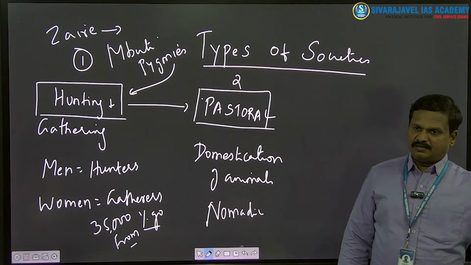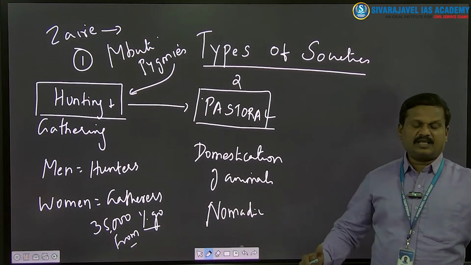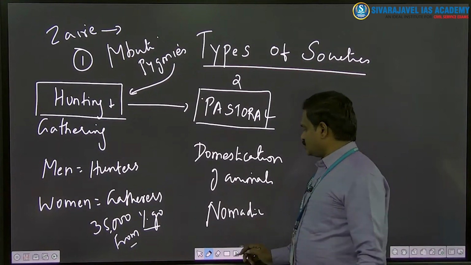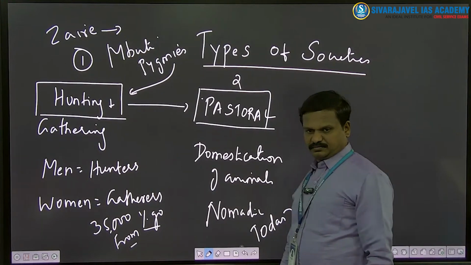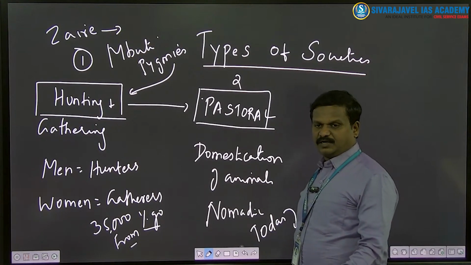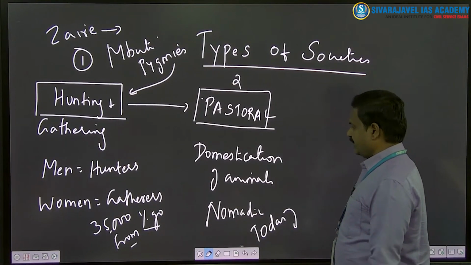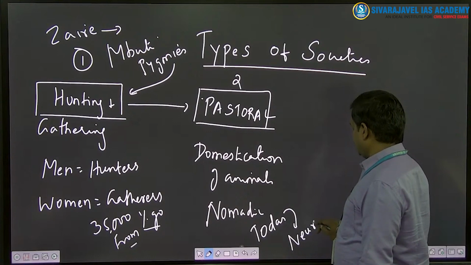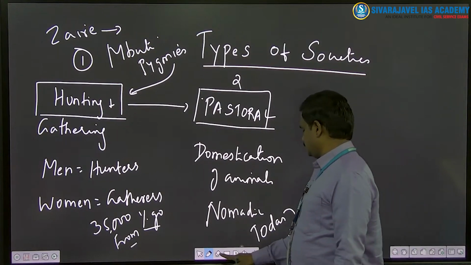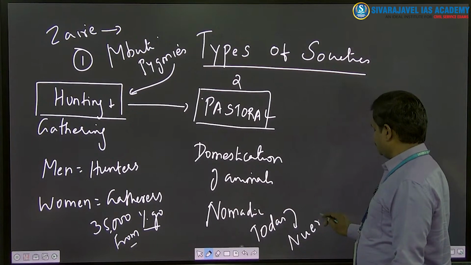If you take, for example, pastoral society, they are rearing cattle. There is one society called the Todas, who are rearing cattle even today in India. And in Africa, there is a community called the Nuer tribe.